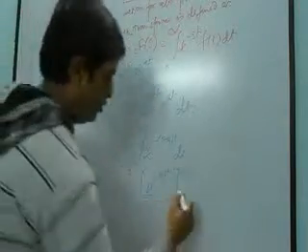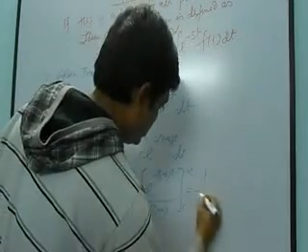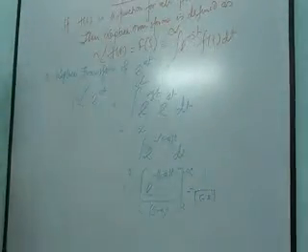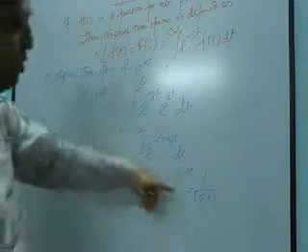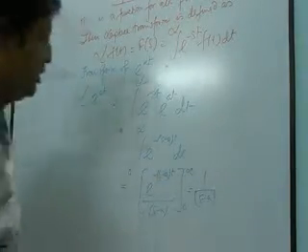Putting the limiting values, we will get 1 by s minus a. This is the Laplace transform of e to the power at, equal to 1 by s minus a.